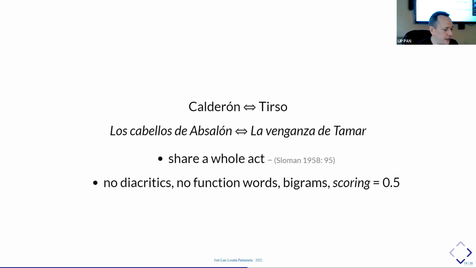I first tried with two plays that share the whole act, as we saw before. I didn't use diacritics, I didn't use function words, and I used bigrams, and the scoring was 50%.